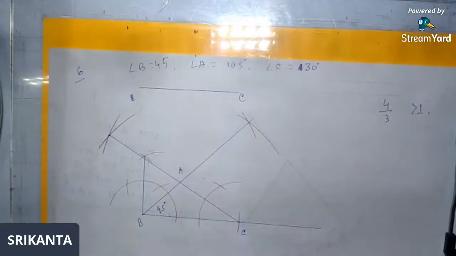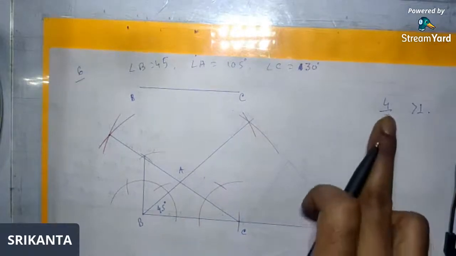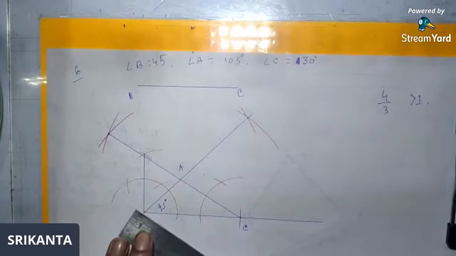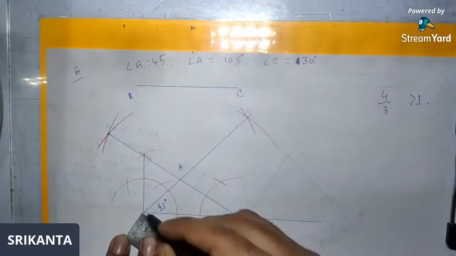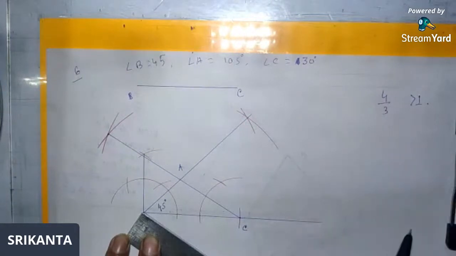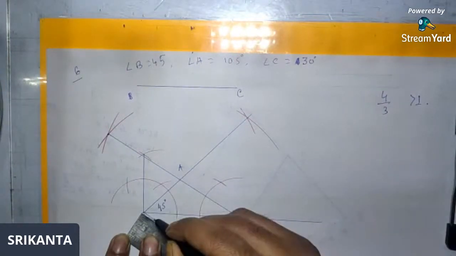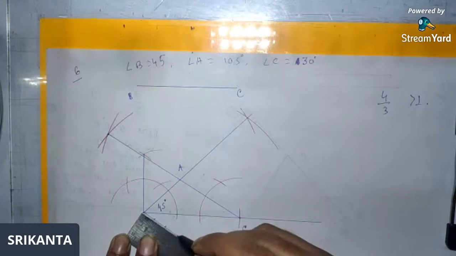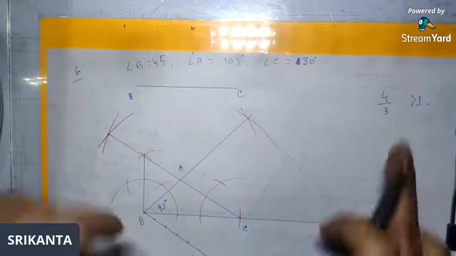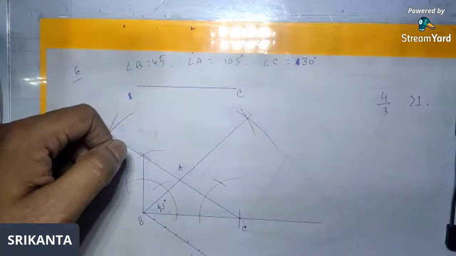Right. So this becomes A. This is 105 degree. Understood? Now again, 4 is to 3, which is greater than 1. How will you do it? At first, from the acute angle, there's 7, so divide into 7 equal parts. 1, 2, 3, 4, 5, 6, 7. Done. So again, 4 is to 3, so total 7.